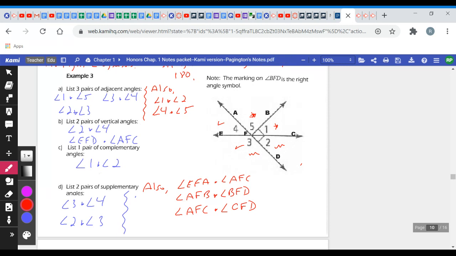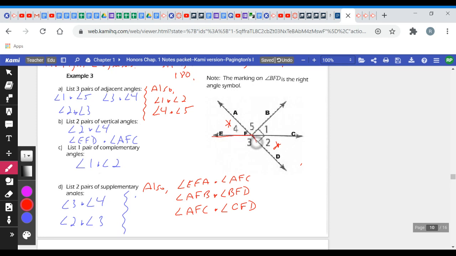So again, vertical angles are formed by that big X, by 2 intersecting lines. In this case, angle 2 and angle 4 are a pair of vertical angles, and I have that listed. And then the other pair of vertical angles would be angle EFD and angle AFC.